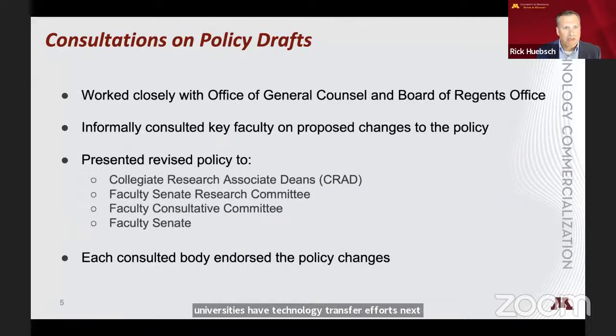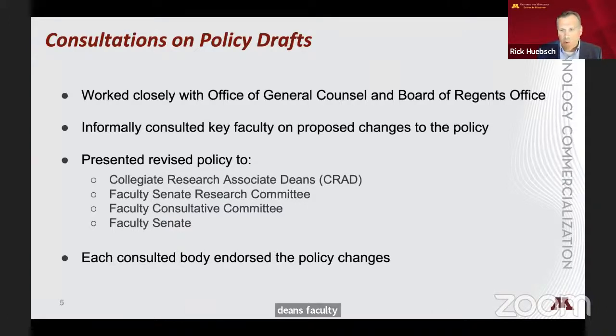So during this consultation process, we've worked with the Board of Regents office as well as OGC. We've worked with specific faculty just to get their feedback on the changes. And then we've been going through review with all of the committees. Thus far we've gone to the Council of Research Associate Deans, Faculty Senate Research Committee, and the Faculty Consultative Committee.